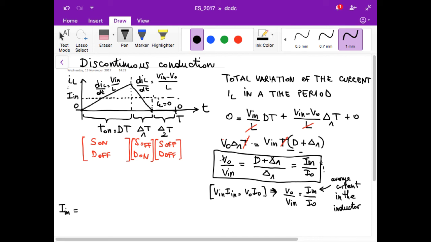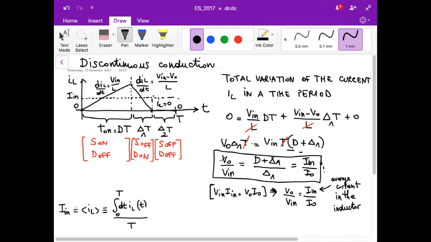By definition, it is equal to the average value of IL, and by definition we can compute the area, the integral of IL over T, and then divide by T. So this is the integral of IL in the period divided by the period.